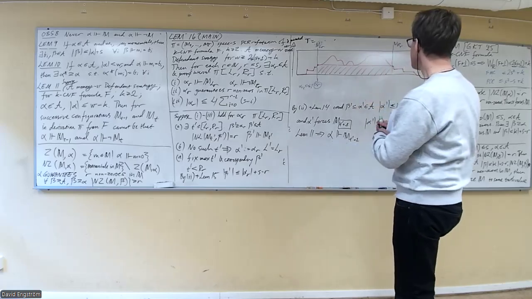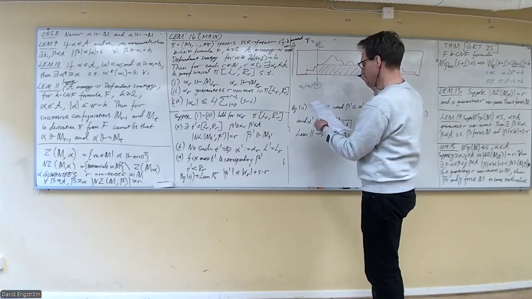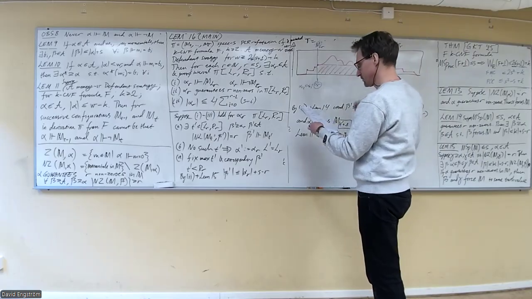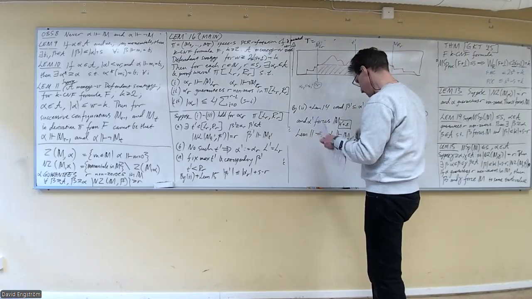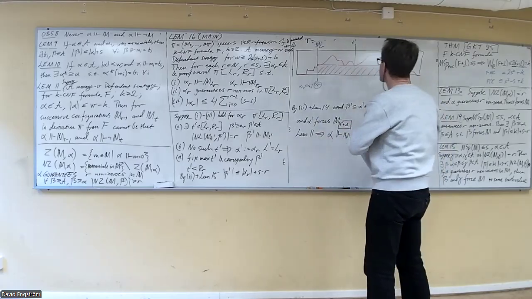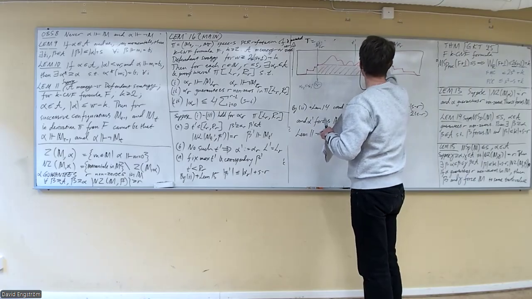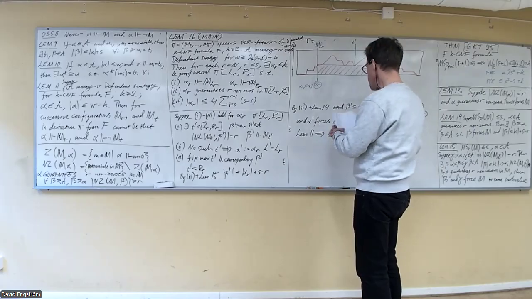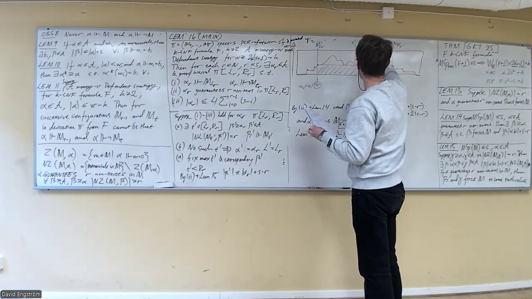Okay, so let's see where we are. So basically, we found t prime. Maybe let me draw it this way. We found t prime, and here we had M t prime plus 1.